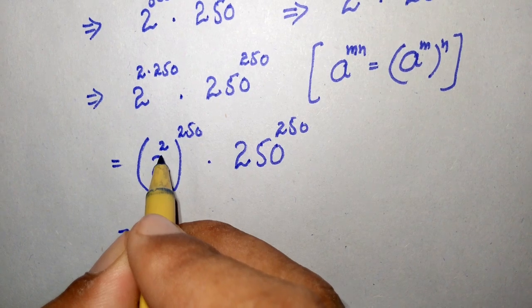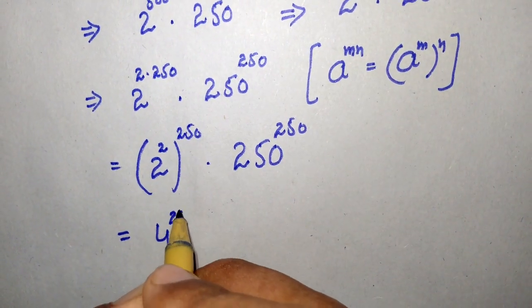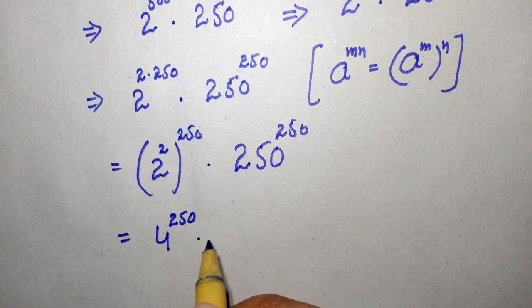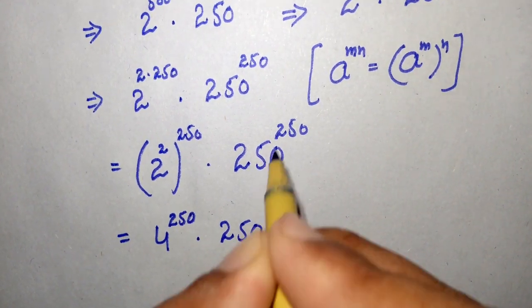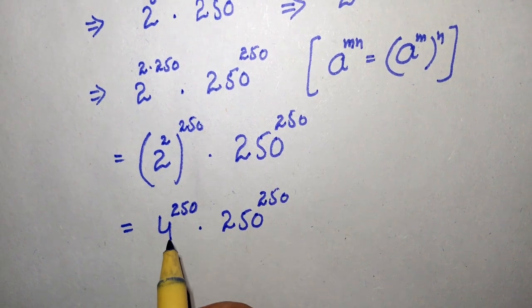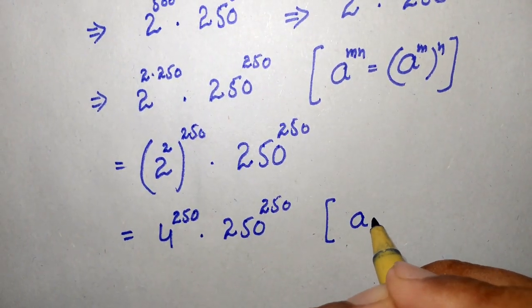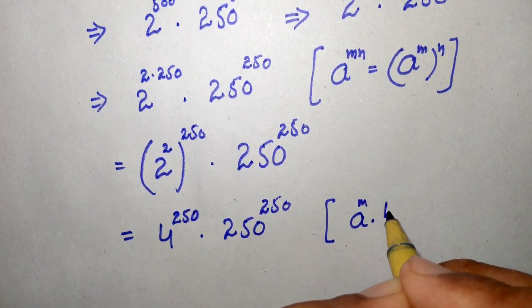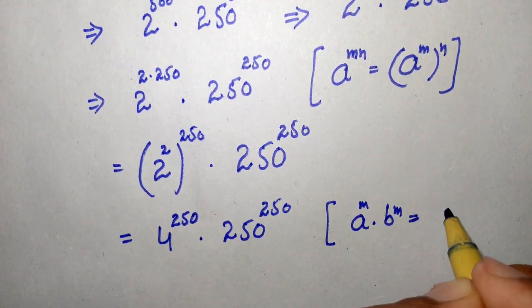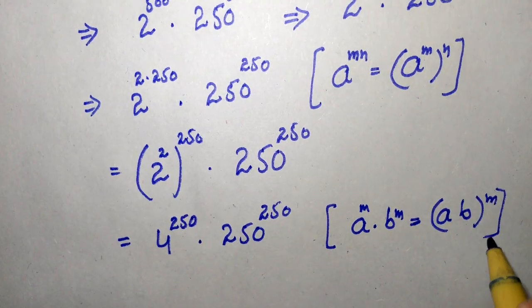Here 2 to the power of 2 is equal to 4, so 4 to the power of 250 times 250 to the power of 250. Here the powers are same, so a to the power of m times b to the power of m can be written as (a times b) to the whole power of m.